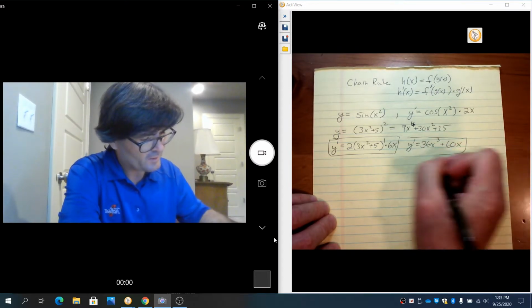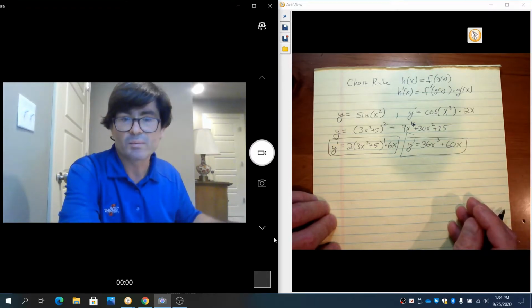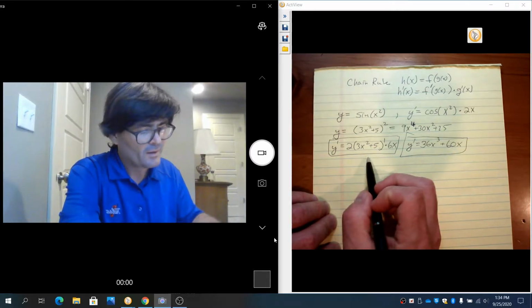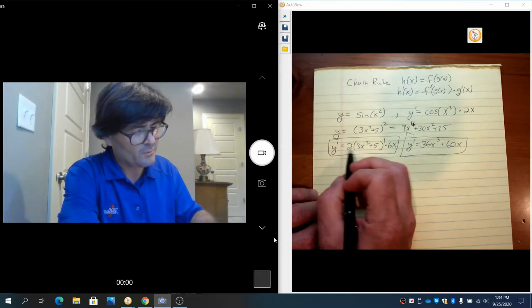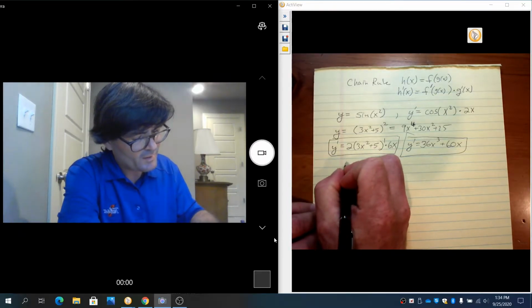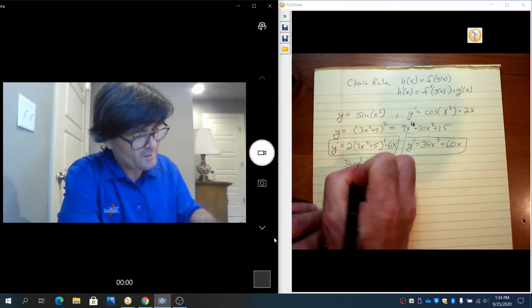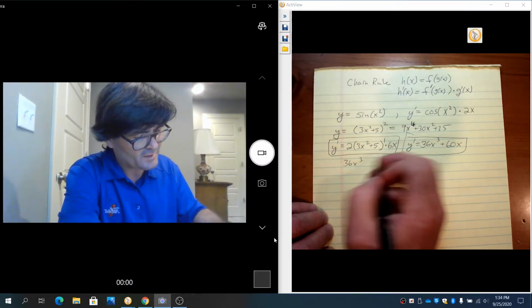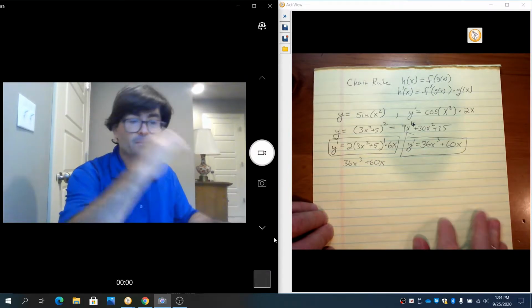I'm not going to compare these two with the algebra, but if you multiply this out, you would get the same thing. I guess we can. We've got 2 times 6x squared times 6x is 36x cubed. And 2 times 5 is 10 times 6x is 60x. So they are the same.